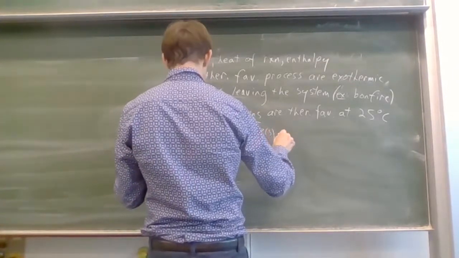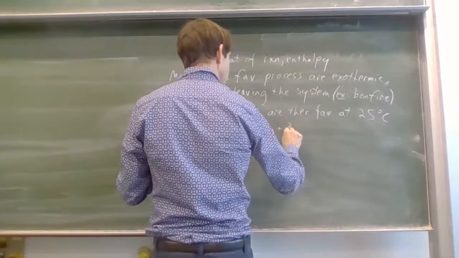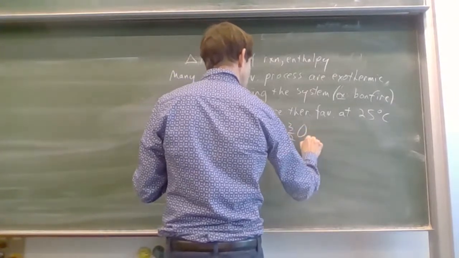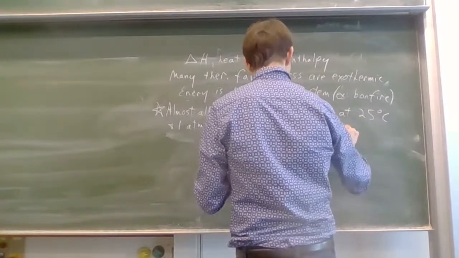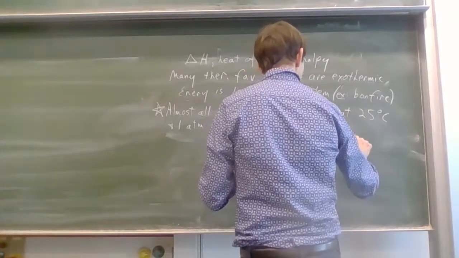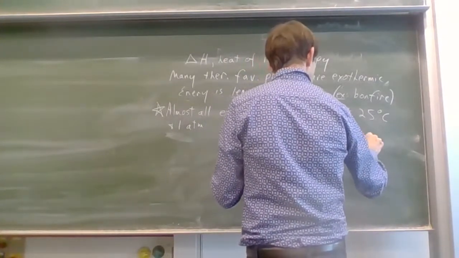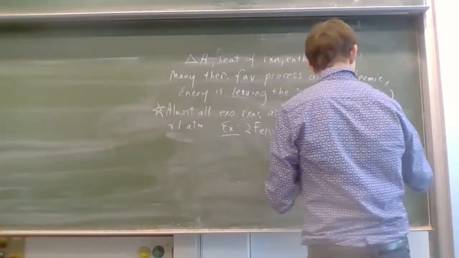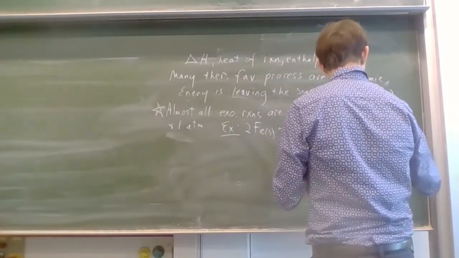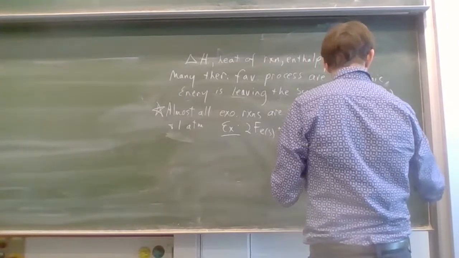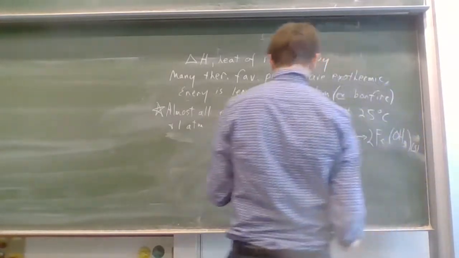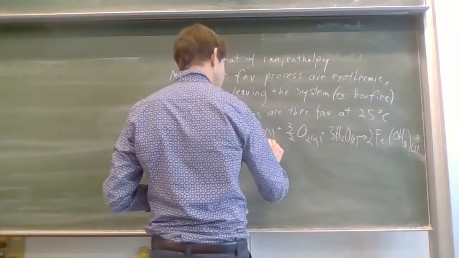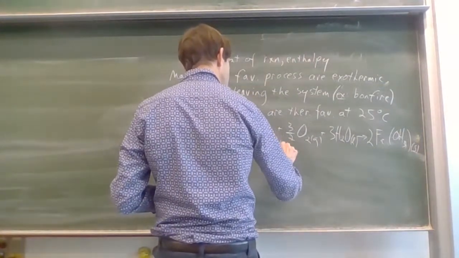If I got 2 Fe solid plus 3 halves O2 gas plus 3 H2O, I get 2 Fe(OH)3 solid. And that's the reaction for making rust.